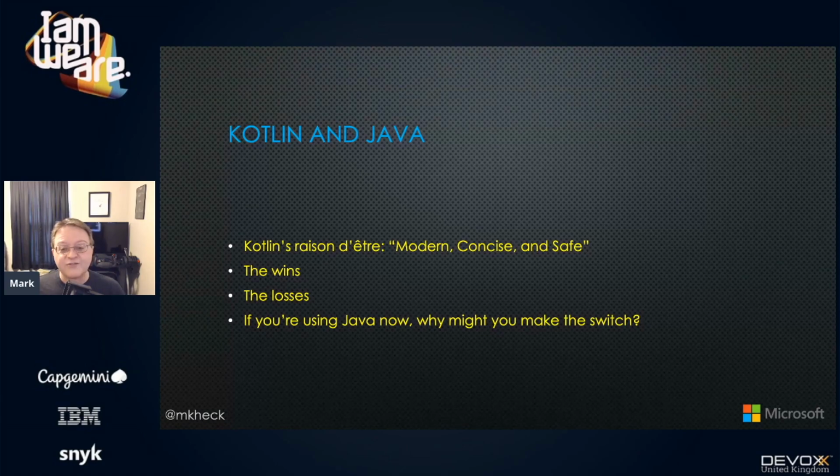There is great interoperability with Java. So if you're doing a lot of Java work and you want to start feeding in a little bit of Kotlin, you can. It's not an either or, which is amazing. It's a huge win, especially if you have history with other JVM languages that aren't always so easy to work with in terms of interoperability with Java.